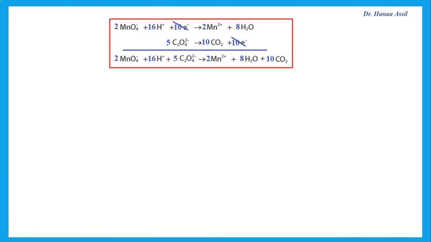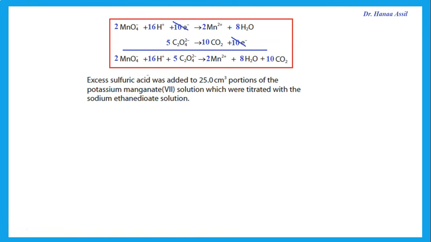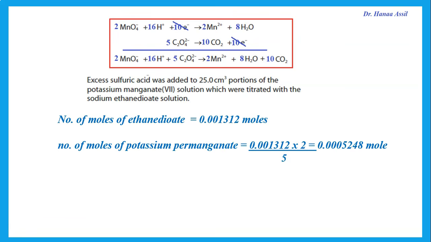And then we look at the equations. These are the overall equations from what we were given. You should be able to balance them and multiply through so that the number of electrons are the same. So this is the final relationship between the number of moles. So if we have 25 cm³ of the potassium permanganate, and this is the number of moles of the ethanedioate, then from the equation I can get the number of moles of the potassium permanganate.